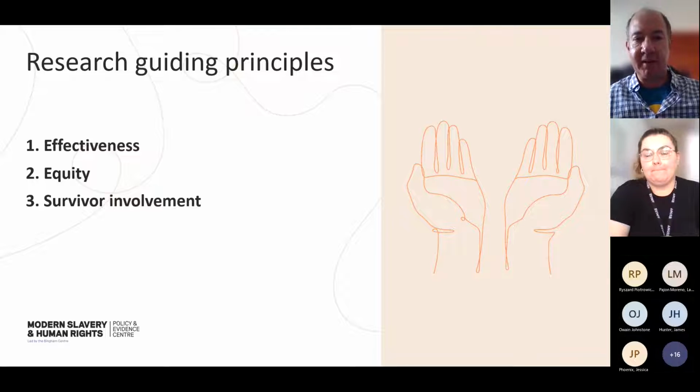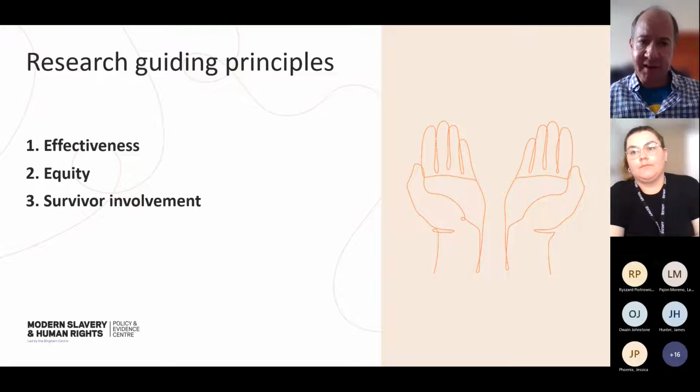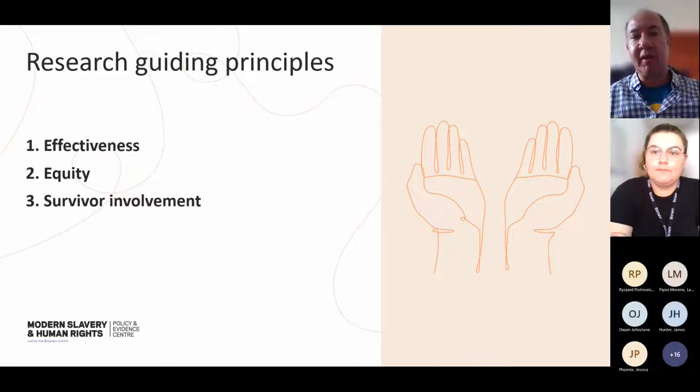So that could be as peer researchers, as people leading research projects, and we've also increased the ability for partnerships involving NGOs, third sector organisations to get involved in research. So we're interested in widening the diversity of people involved in the research process, but not just for the sake of it, to also improve the quality of the evidence and making sure that the research is more appropriately targeted towards the needs of those most affected.